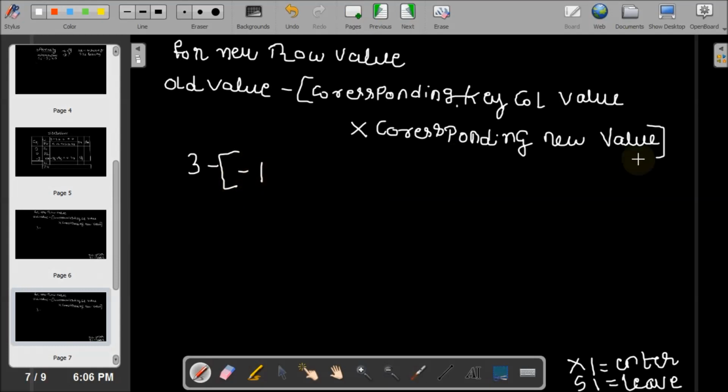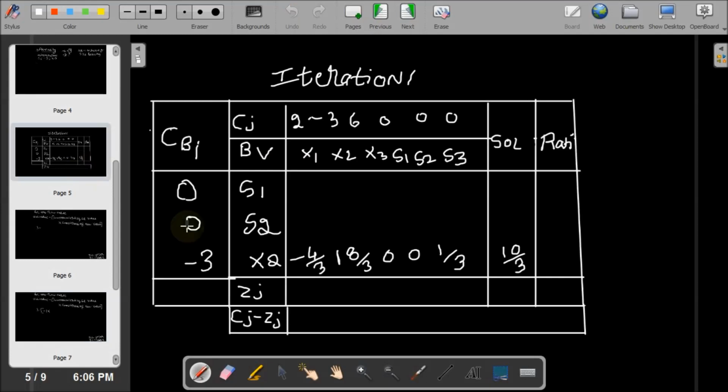This is the corresponding key column value into what is the corresponding new value? New value is the value that I found out now itself. What are the new values I found out here? These are the new values of x2, right? So these new values you have to use for the elements.